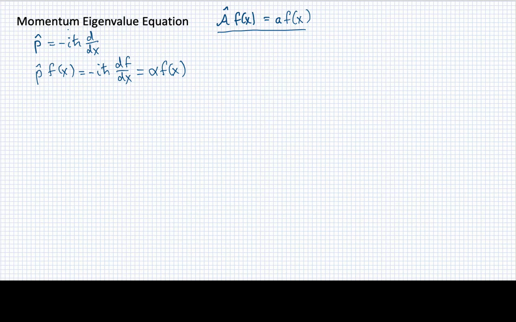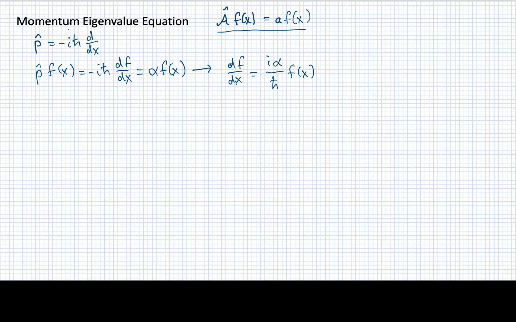If we divide both sides by minus i h bar, we end up with a first order differential equation. Dividing by minus i is the same as multiplying by i, so I'll put the i up top, divided by h bar, and we've lost the minus sign, times f of x.